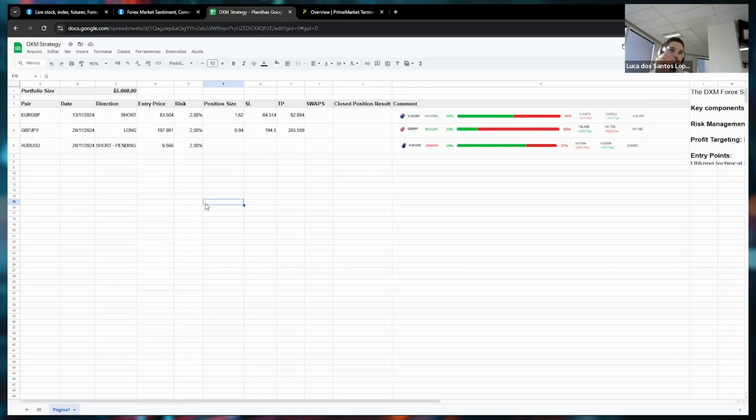So your portfolio is exposed at 4%, and you could be at a drawdown of 4%. Your equity could go down all the way to, in this case, $4,800, because $200 is equal to 4% of 5,000.